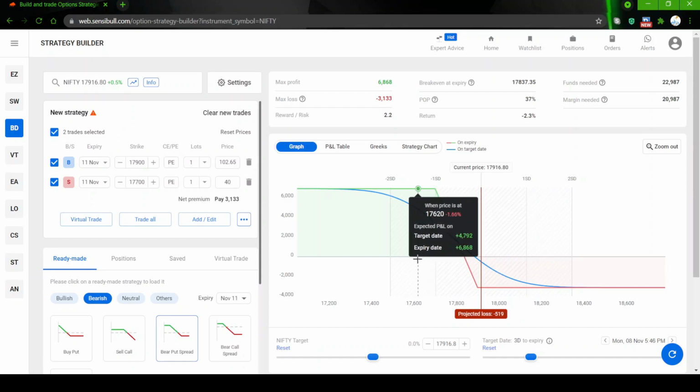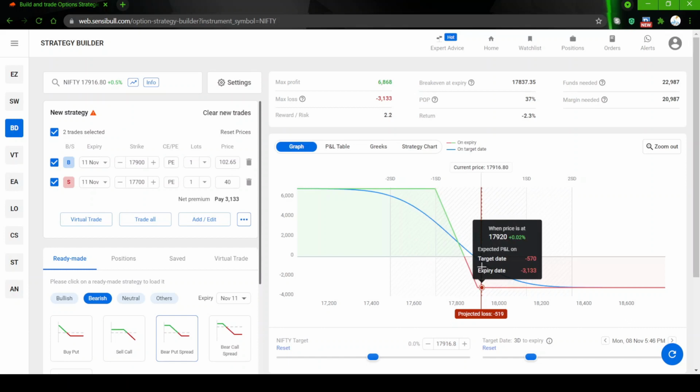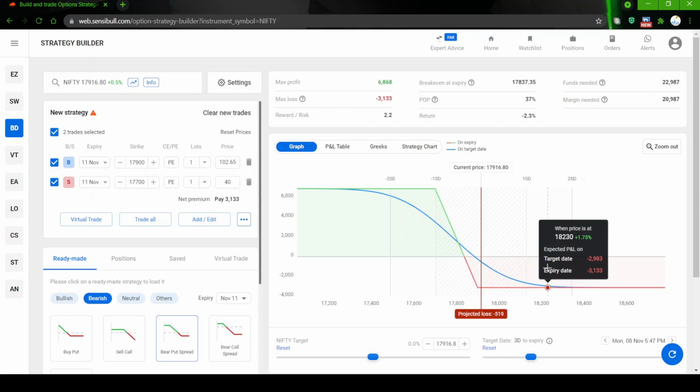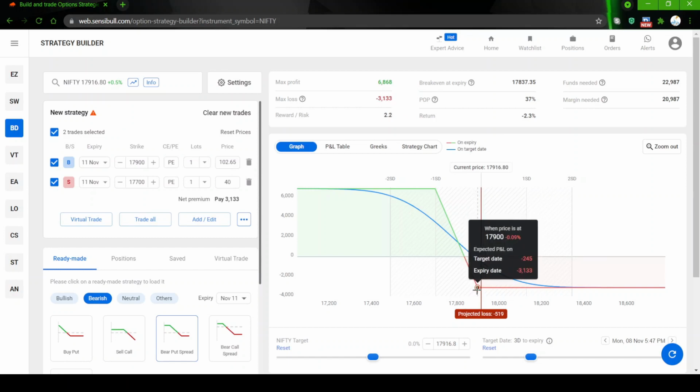So if the view goes wrong, consider that the market goes down only a little bit or goes up further, then we will be willing to lose 3,133. You can see after 17,900 where our maximum loss happens at expiry, not tomorrow, at expiry.